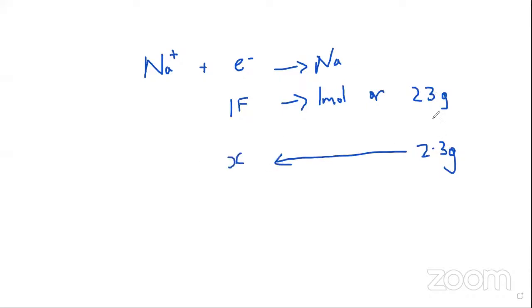We just move the decimal place 1 place to the left. So X equals 2.3 times 1 over 23, which is equal to 0.1 Faraday.